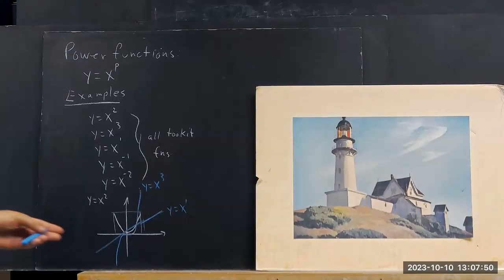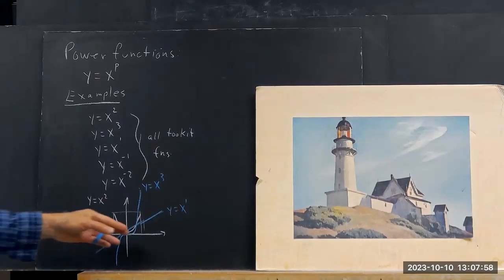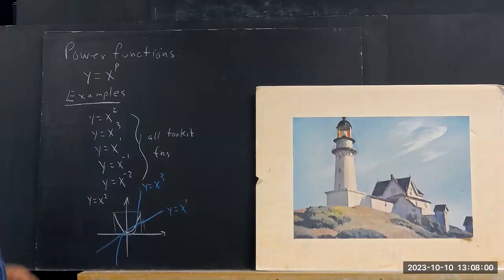Okay, well, we've got the square, we've got the cube, we've got the first power. We could do x to the 4th. It looks a lot like x squared, but it gets flatter at the bottom. So you've got this picture. And then, of course, we have the negative powers.